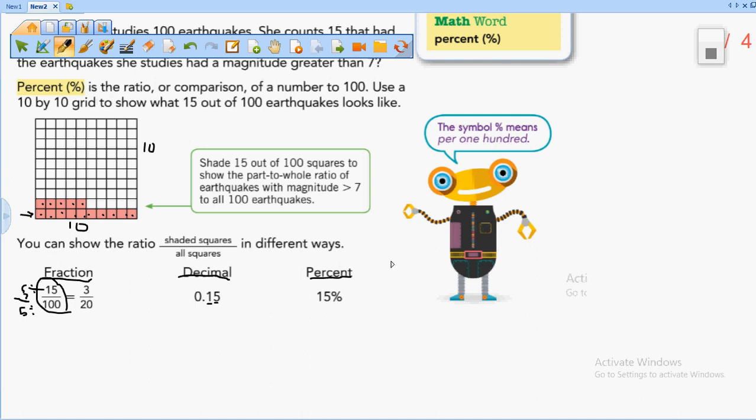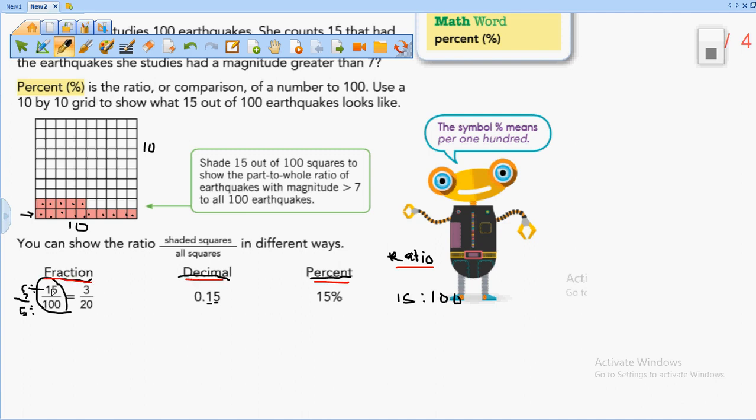Or you can represent it as a ratio. If you want to represent it as a ratio, you have to say 15 to 100. So I can represent it in 4 different ways: as ratio, as percent, as decimal, or as a fraction.